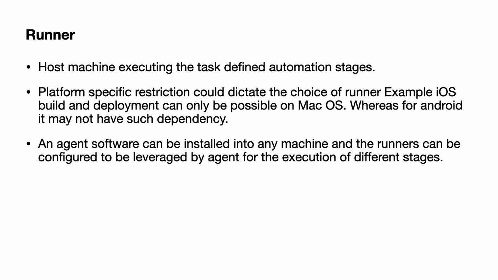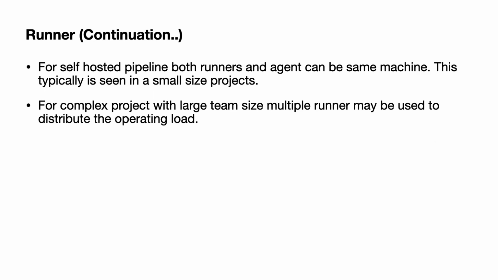Therefore, agents are installed separately, but for a small scale project, both agent as well as runner might be a single machine. And even if a developer wants to replicate the entire pipeline in the development machine, a similar setup, where the agent is configured in the developer machine and the development machine acts as the runner, could be achieved.